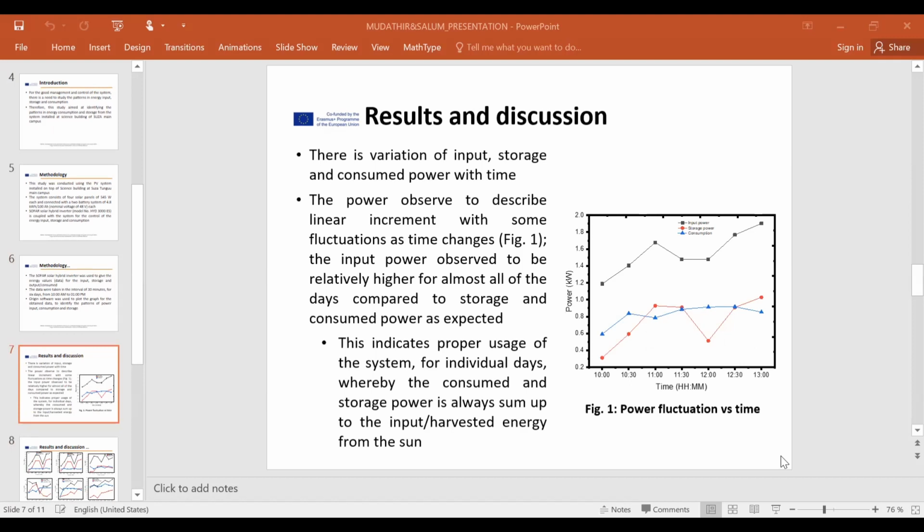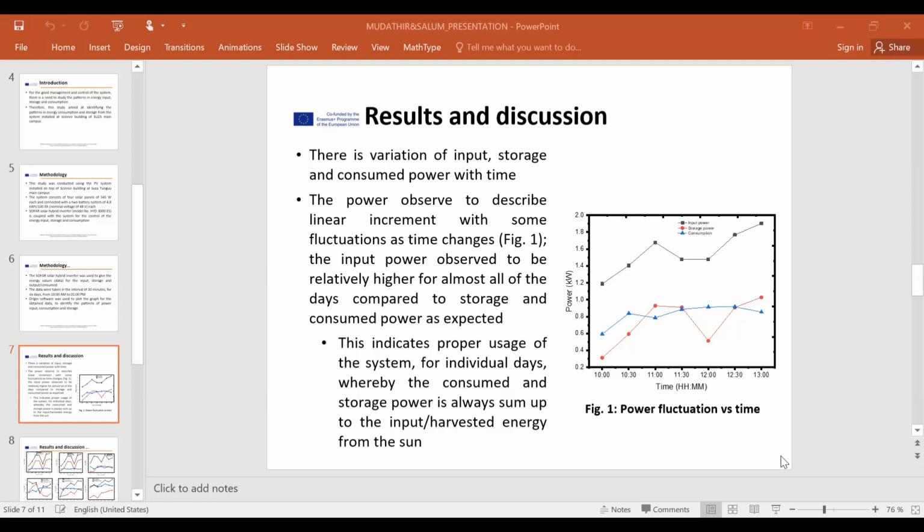For the data that was collected, the analysis is shown as a result. This graph shows the power fluctuation versus time. The graph shows that the power increases linearly with some fluctuation as time changes.